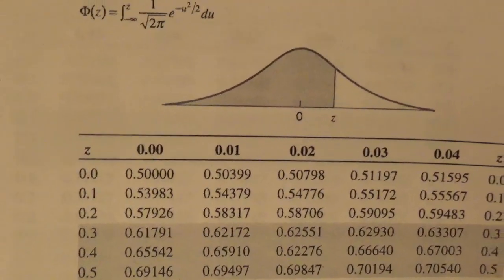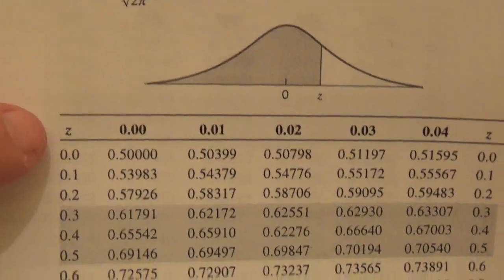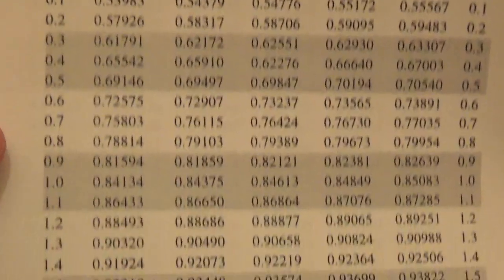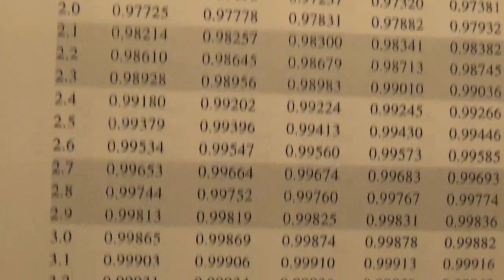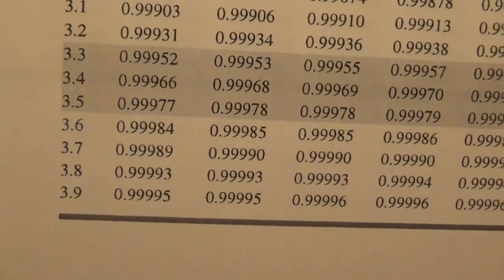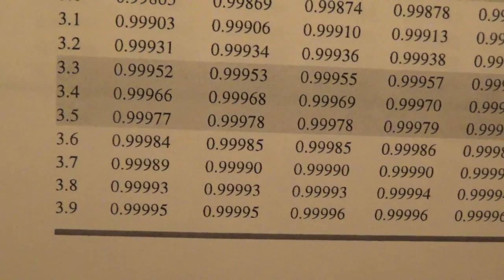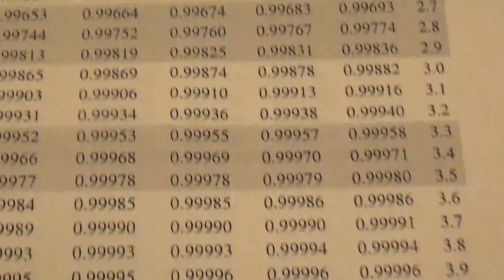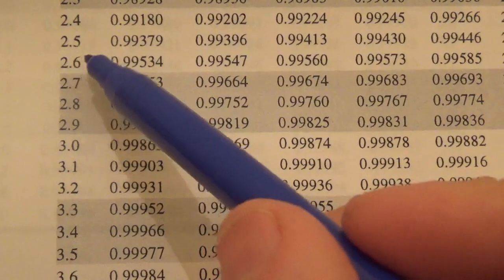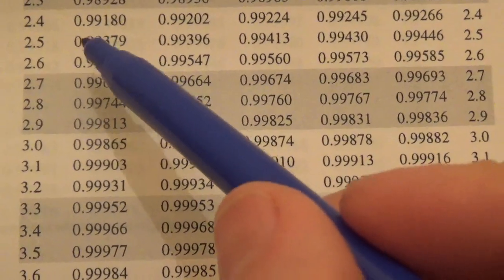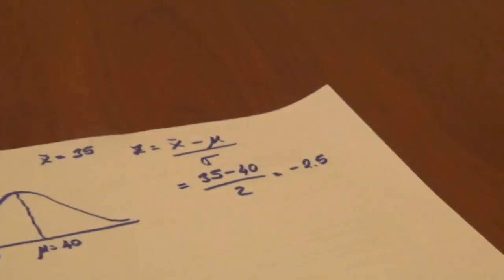The z value is here. It starts from 0 and goes to 3.9. What was our value? 2.5. Let's look at 2.5. The value is 0.99379. So let's write that.